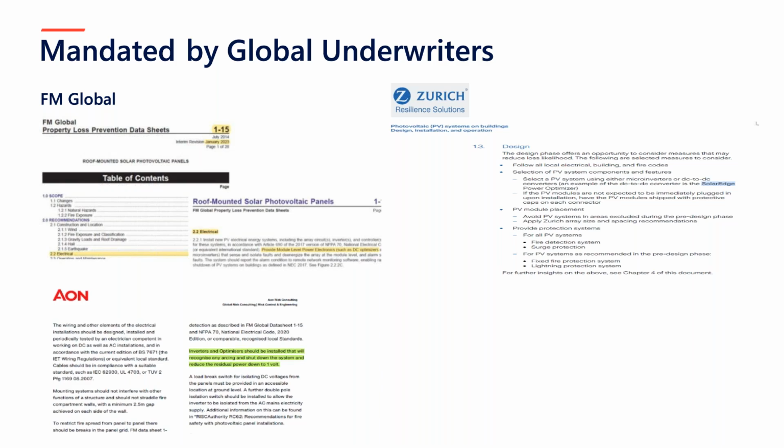So that is inverters and optimizers that have the ability to control the DC bus. Zurich specifically called out SolarEdge. So be aware. This is something that is coming through to Australia ahead of safety standards and the like, where insurance companies are now getting much more concerned about the safety risks of non-MLPE solutions.